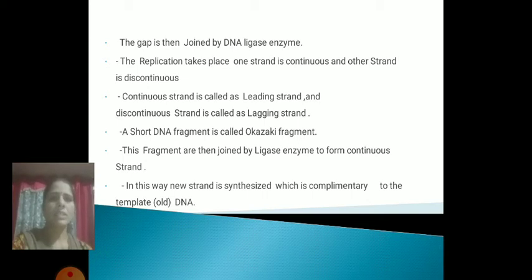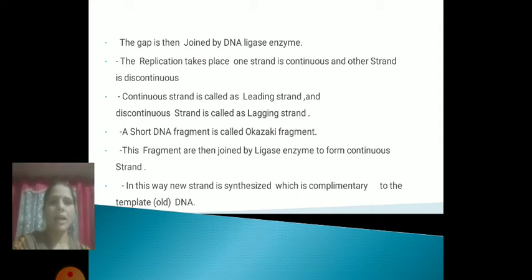The replication that takes place consists of one strand that is continuous and another strand that is discontinuous. The continuous strand is called the leading strand and the discontinuous strand is called the lagging strand. The short DNA fragments present in the lagging strand are called Okazaki fragments.